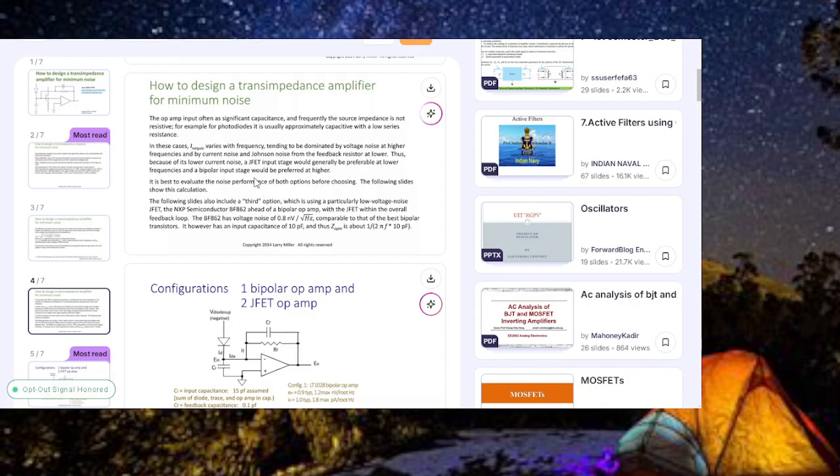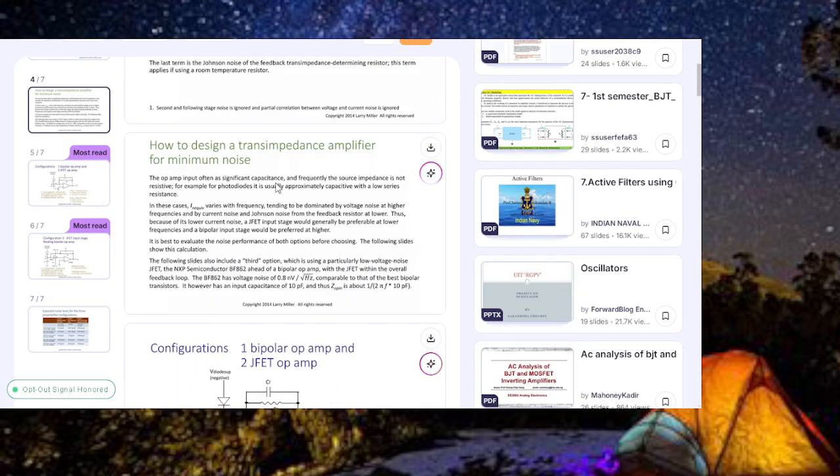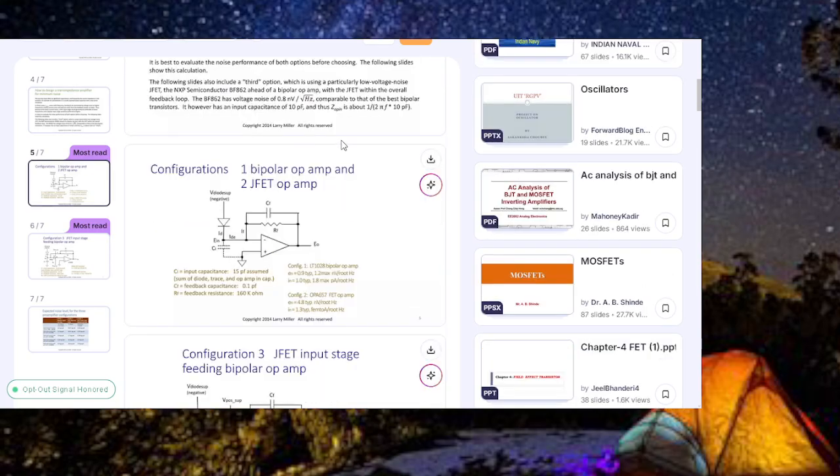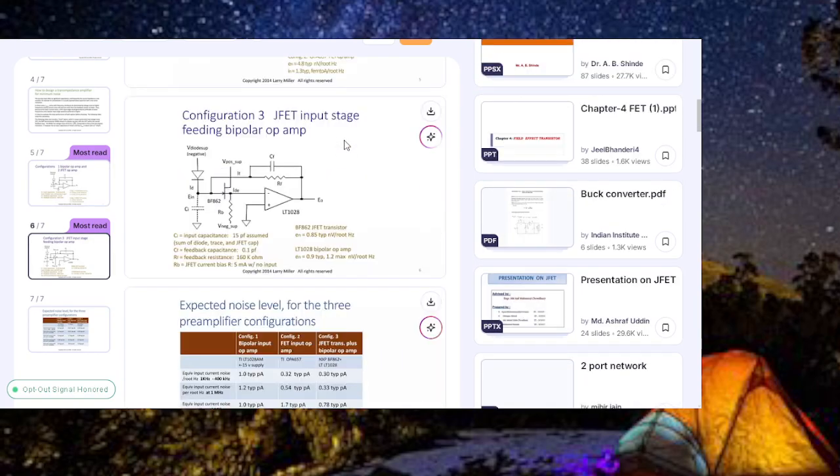Thus, because of the lower current noise, a JFET input stage would generally be preferable at lower frequencies, and a bipolar input stage would be preferred at higher. JFET input stage.